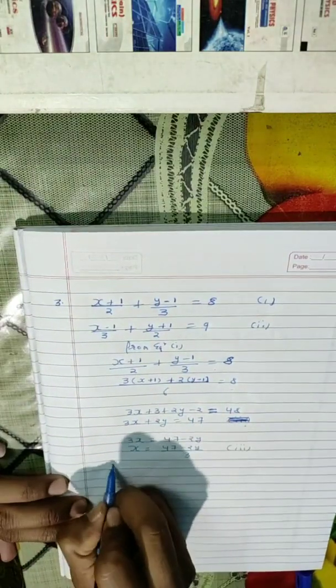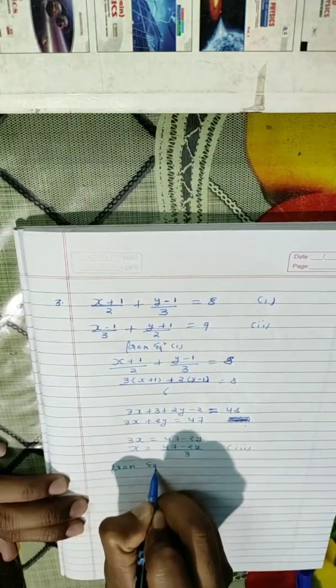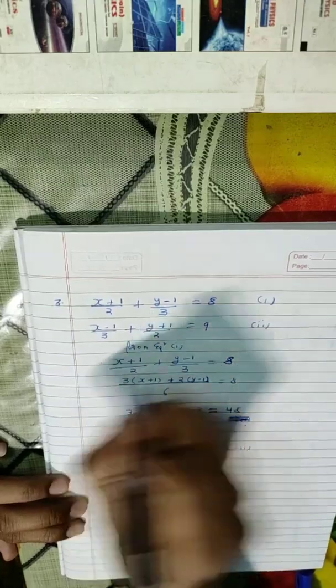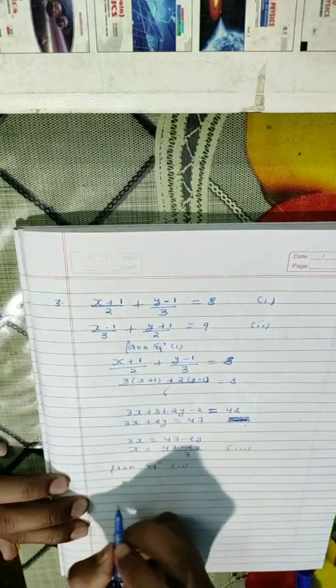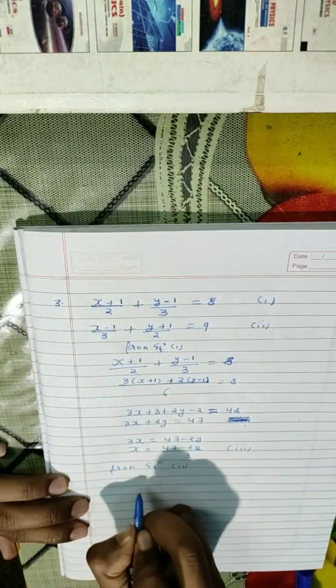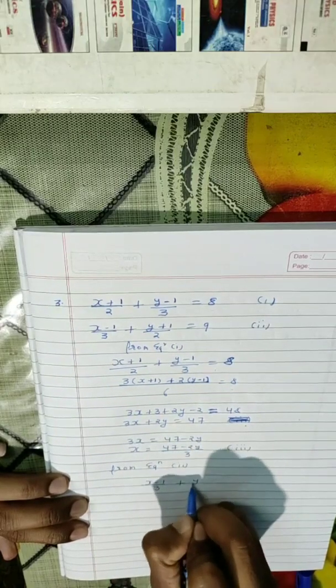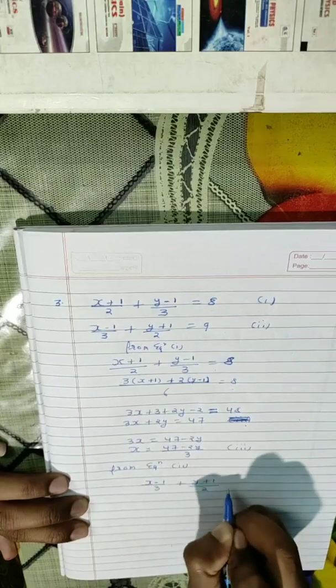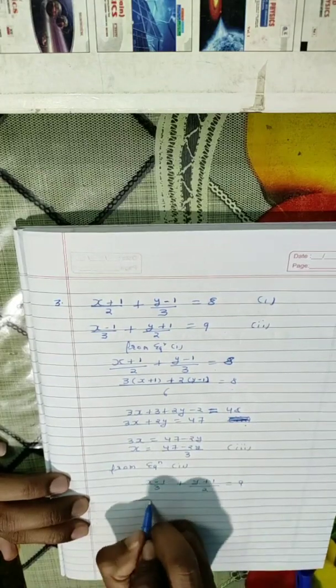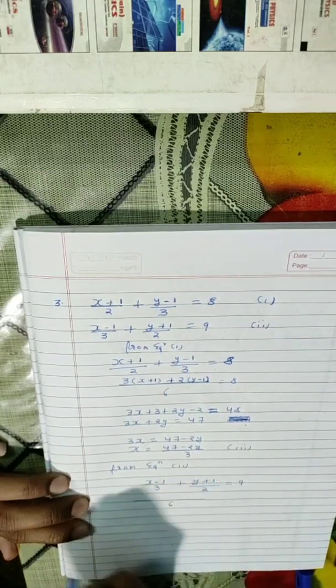So I am using equation number 2. Here I will take LCM. Okay, first of all write the equation. (x - 1)/3 + (y + 1)/2 = 9. If I take LCM of 3 and 2, I will get 6.